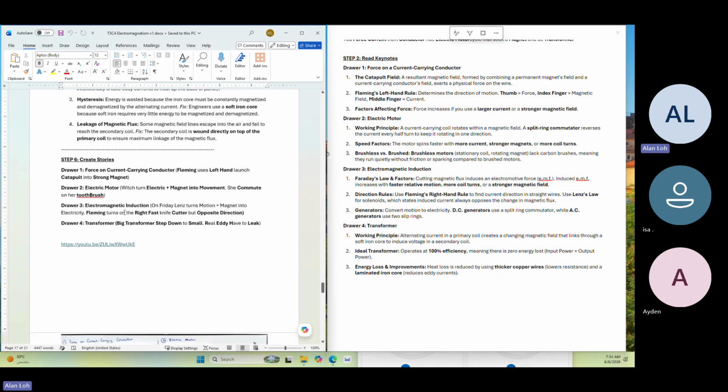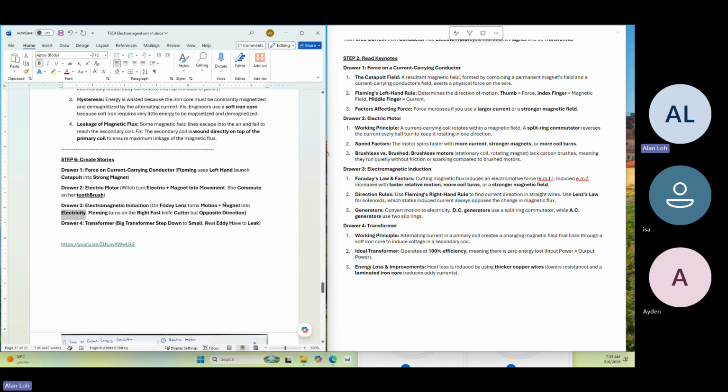Drawer 3, electromagnetic induction. So on Friday, Lenz turns motion plus magnet into electricity, right? The difference between drawer 3 and drawer 2 is that drawer 3 uses motion and magnet to generate electricity.